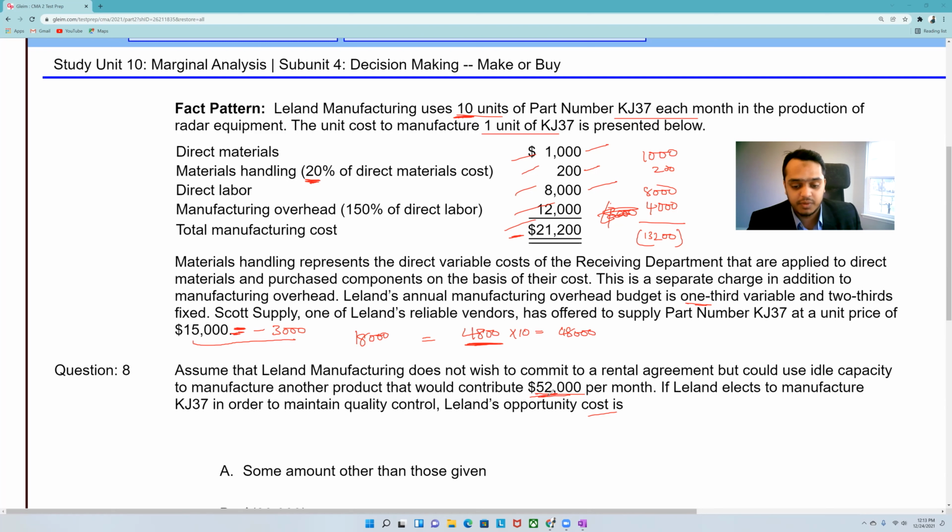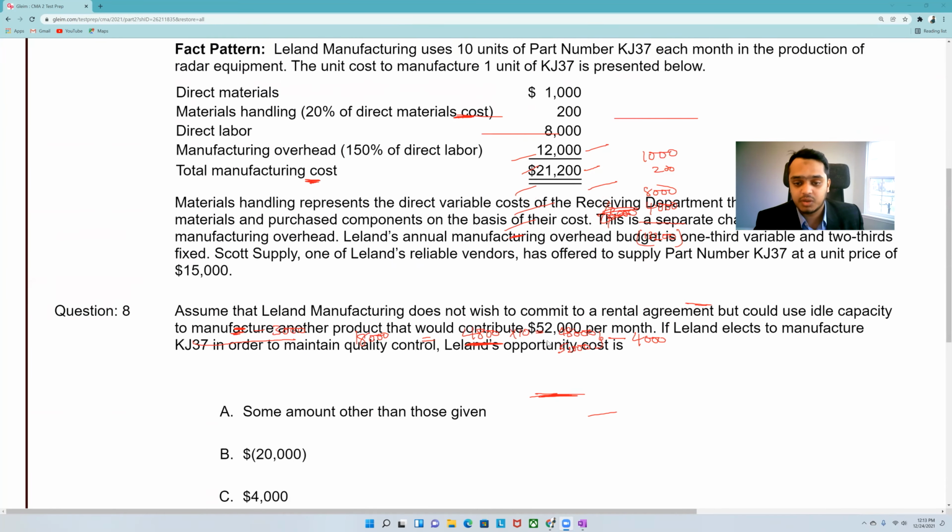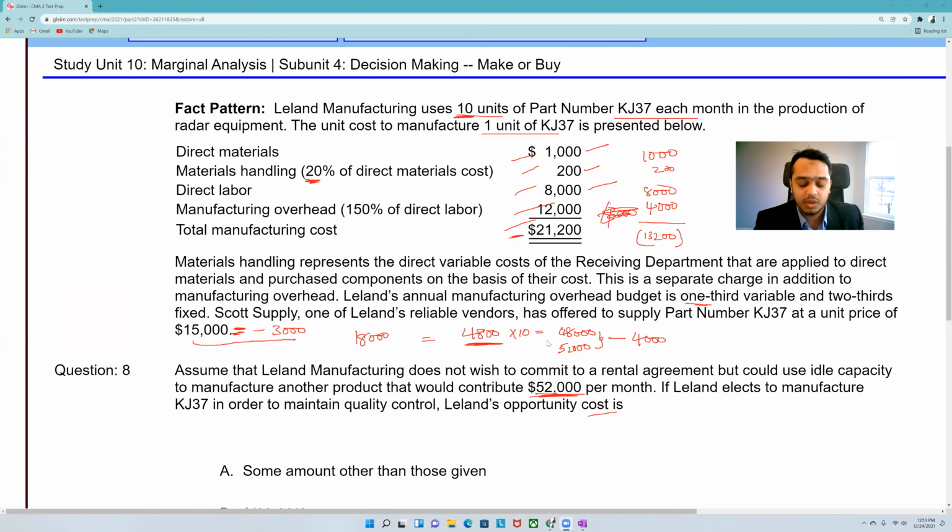How much is the benefit which you are getting? 52,000. What is the difference between the two? That is your opportunity cost. And is that an answer? Let me just see. Is 4,000 an answer? Yes, that's the opportunity cost. $4,000.